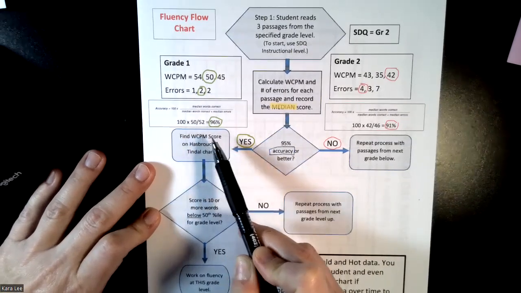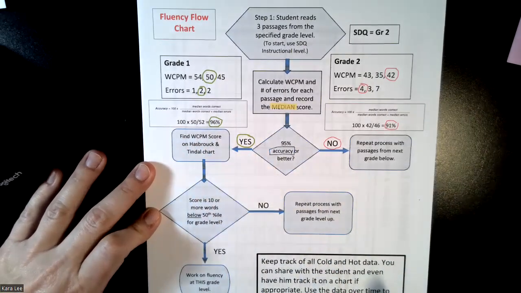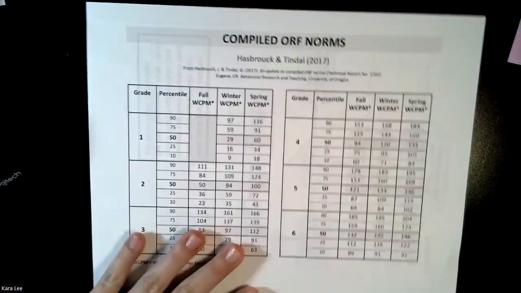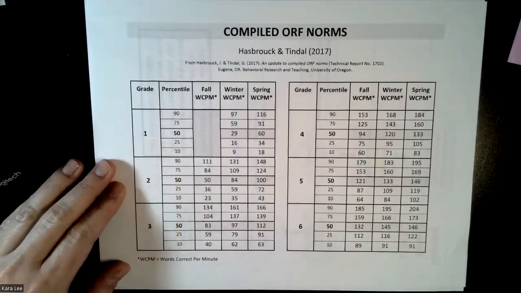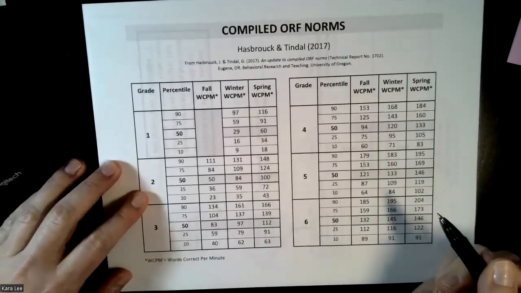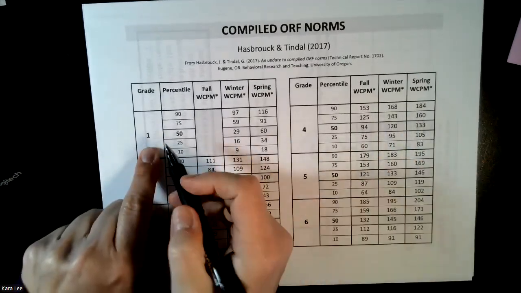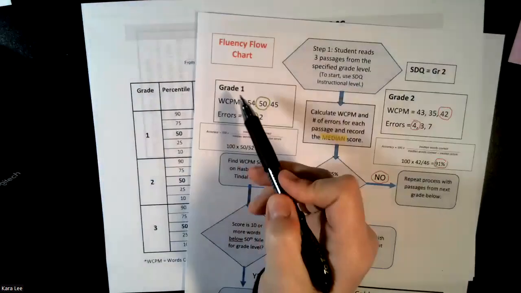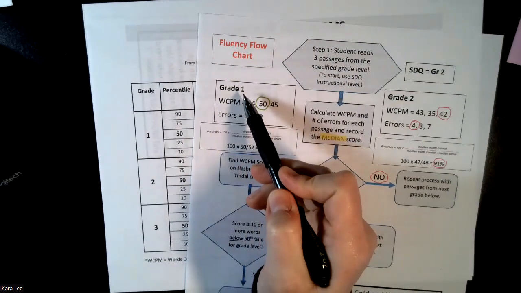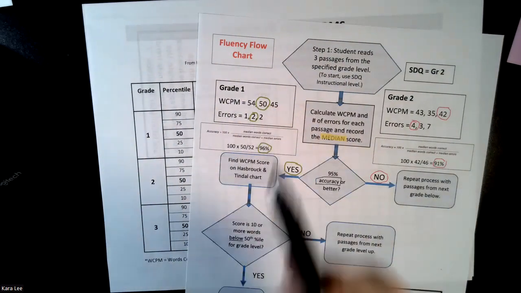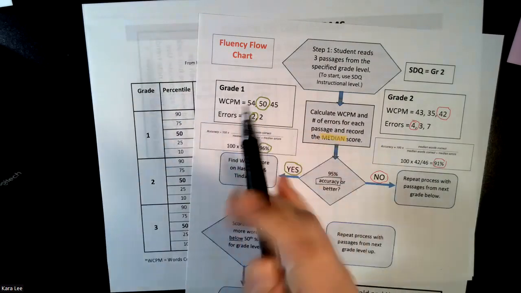Find the words correct per minute score on the Hasbrook and Tindal chart. Okay. So here are our norms from the updated 2017 ones. Now, remember that this is with 1st grade level, because even though my student is in 5th grade, that does not matter.